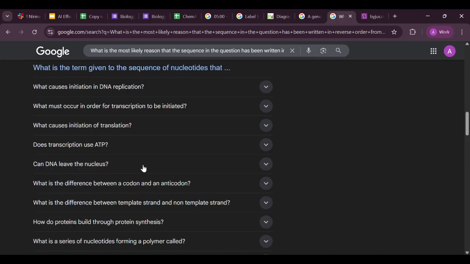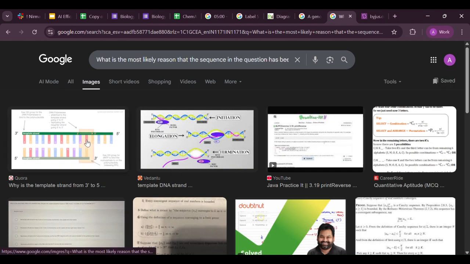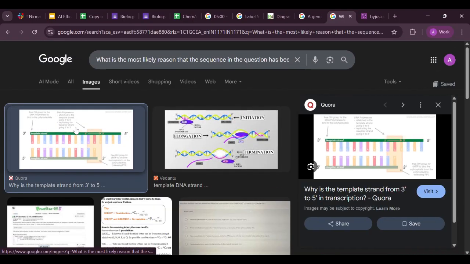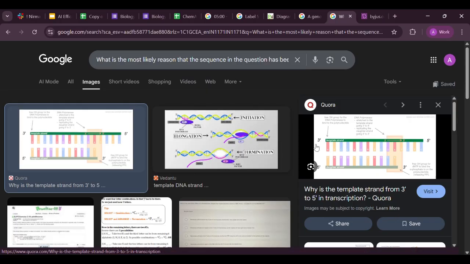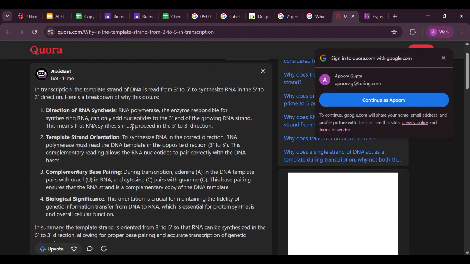Okay, let's go to images and see if it is helpful. Okay, here it is, it is giving something. RNA polymerase, the enzyme responsible for synthesizing RNA, can only add nucleotides to the 3' end of the growing strand.